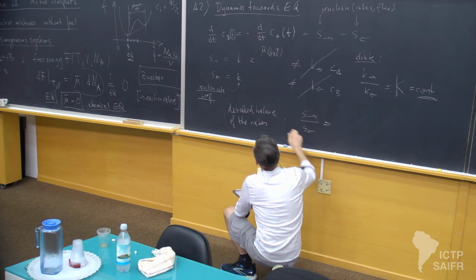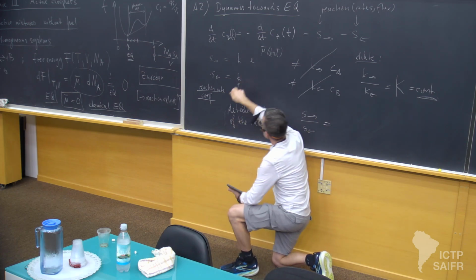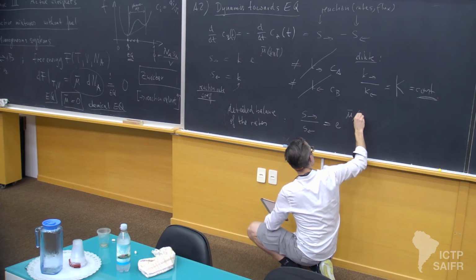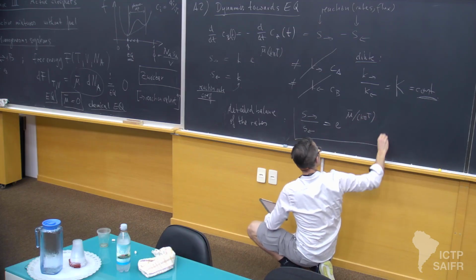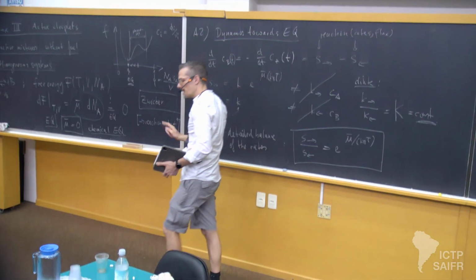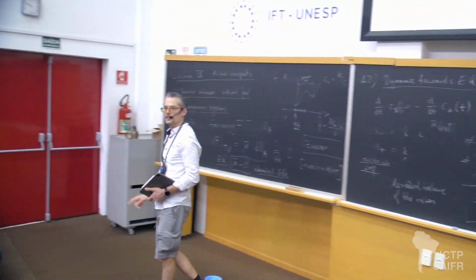Yeah, and if you divide through it, you lose the kinetic prefactor K, and you're just left with this exponential of mu bar over k_B T. For this simple A B process, this is the detailed balance of the rate relationship that you have to obey to make the system relax to equilibrium.